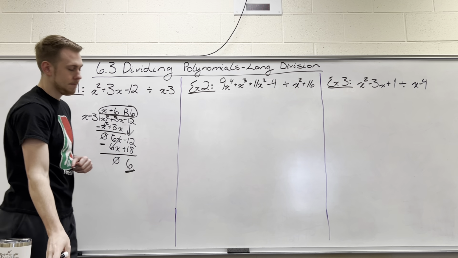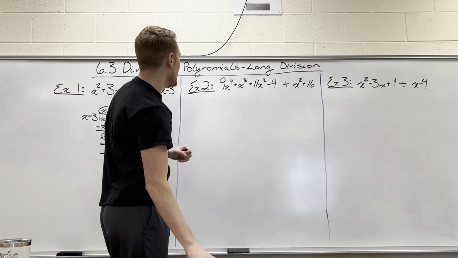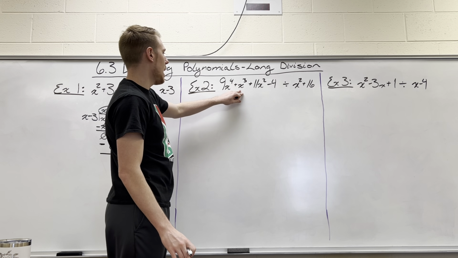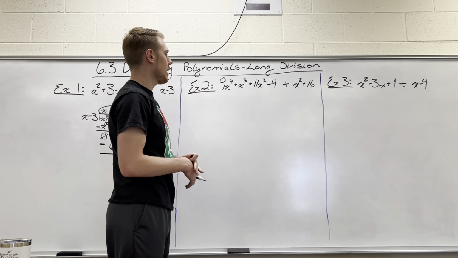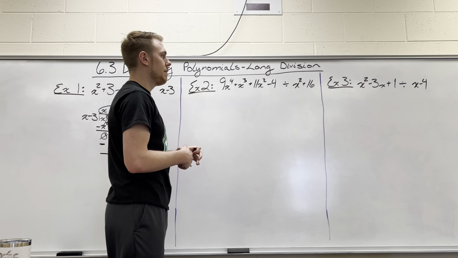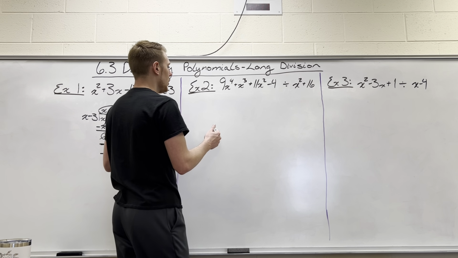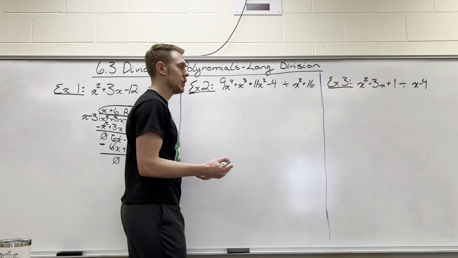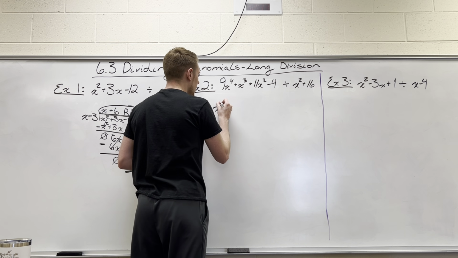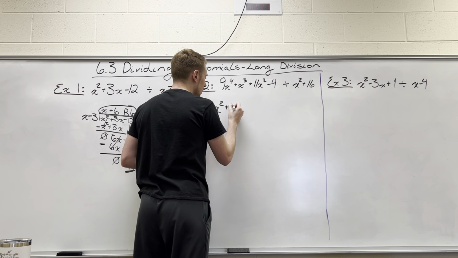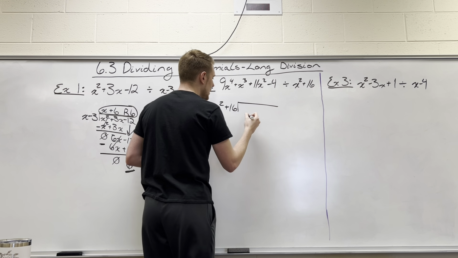So let's do another one. This one we have 9x to the 4th plus x cubed plus 11x squared minus 4 divided by x squared plus 16. How do I set this up? Just like long division. I'm going to put x squared plus 16 outside the bracket.